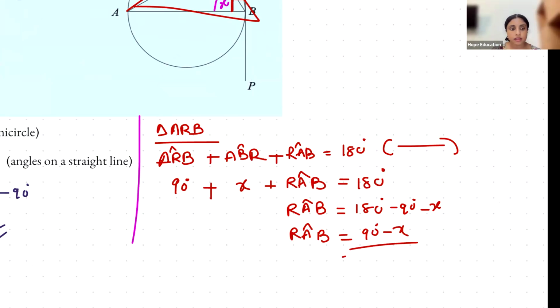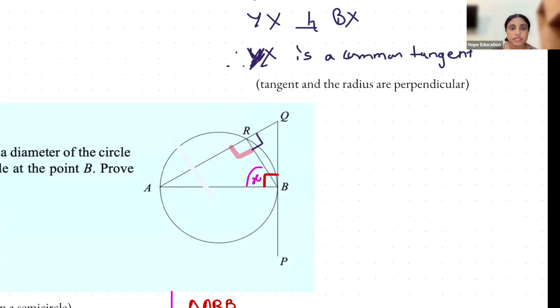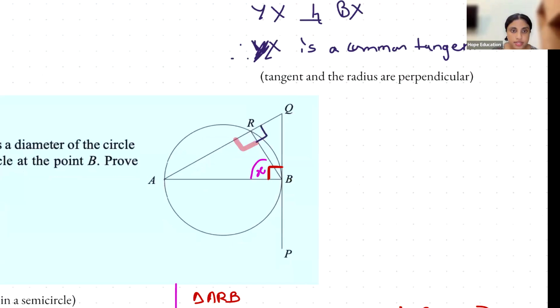Now, please give me a minute. Okay. So I got RAB as 90 minus x. Where is RAB? Here. So this is 90 minus x.